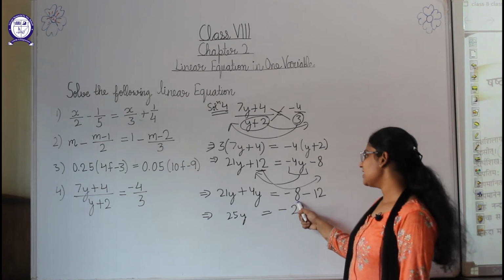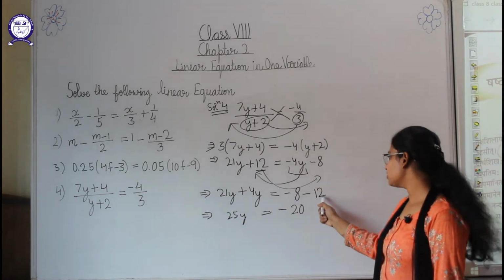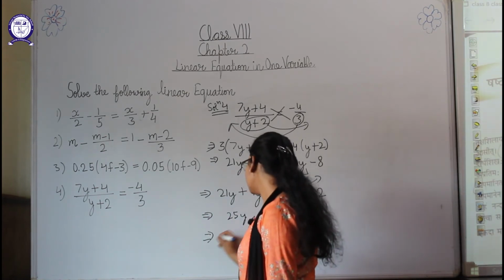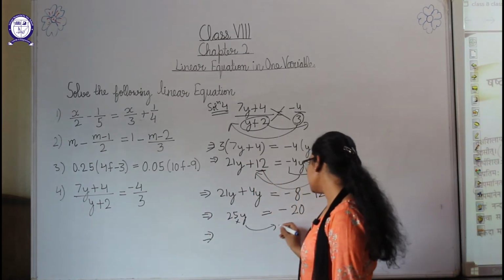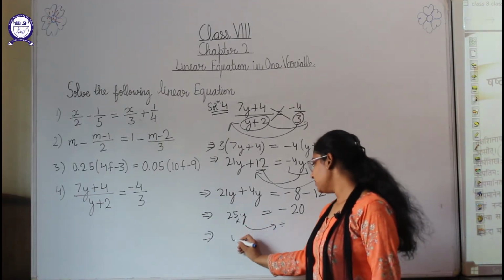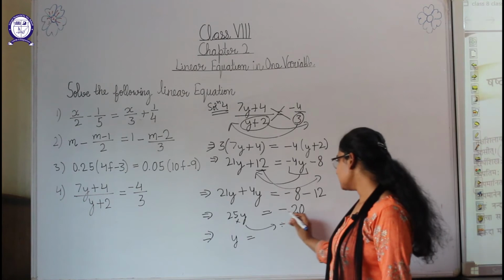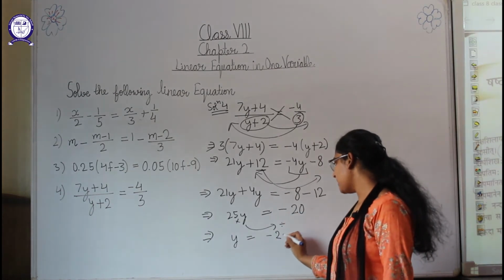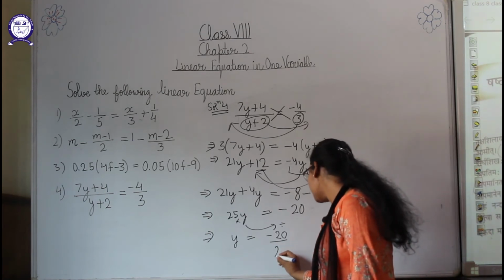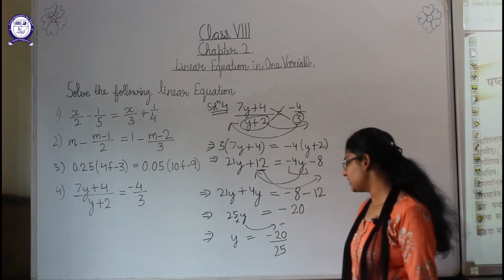There will be a negative sign and we have to add both the numbers, so 12 plus 8 is 20. Now here 25 is in multiplication, so on that side it will be divided. Here now y will be equal to minus 20 is already here, so we will write minus 20. Now 25 is in multiplication, so it will be divided here, so it will become 25.